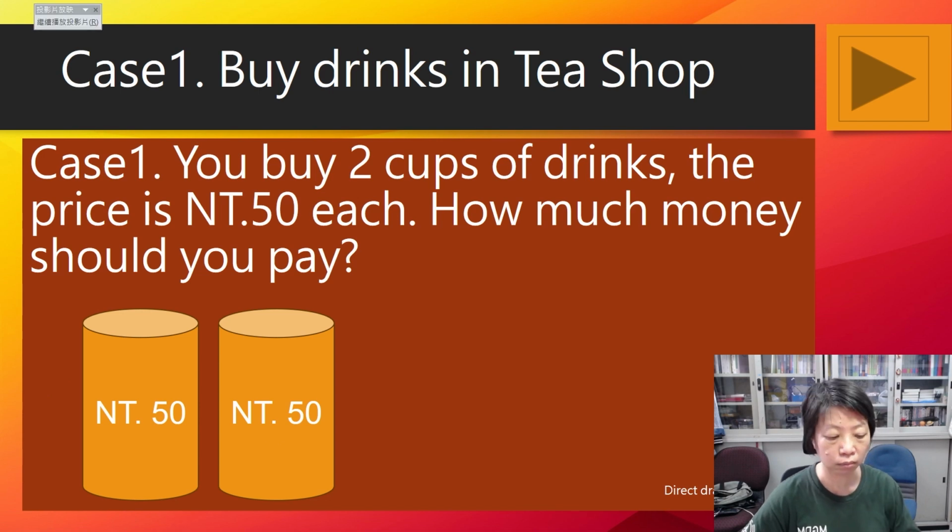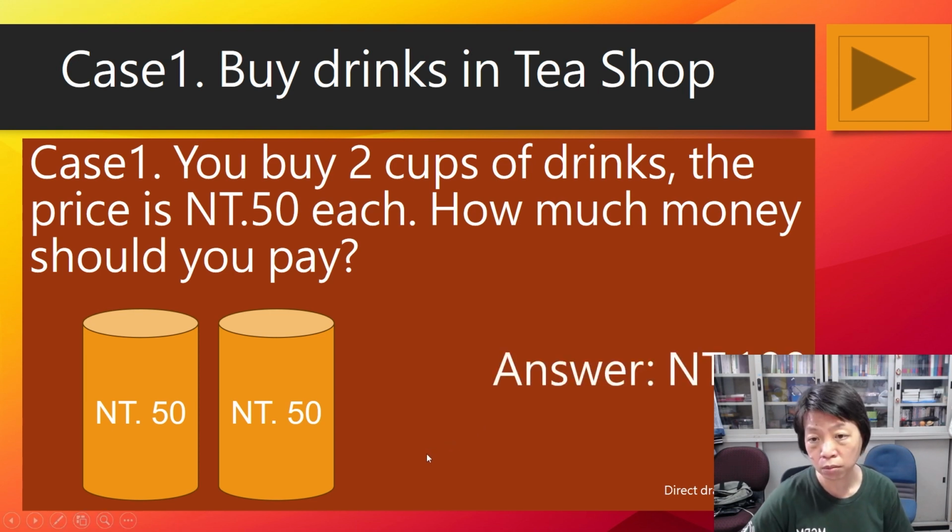Case 1. When you buy drinks in a tea shop, you buy 2 cups of drinks. The price is $50 each. How much money should you pay? Anyone got an answer? Yes. Okay. 100. Great. Thanks for your answer. All got the correct answer.